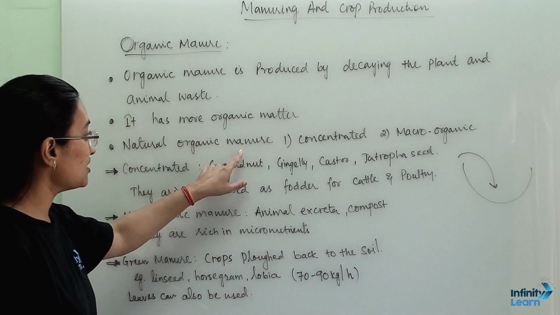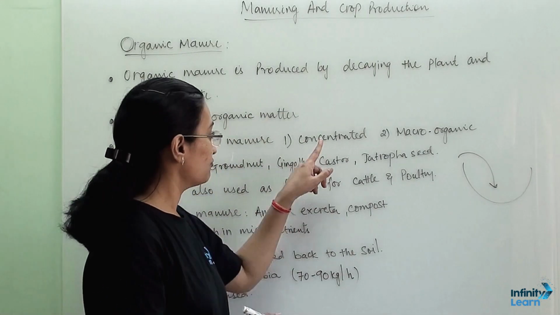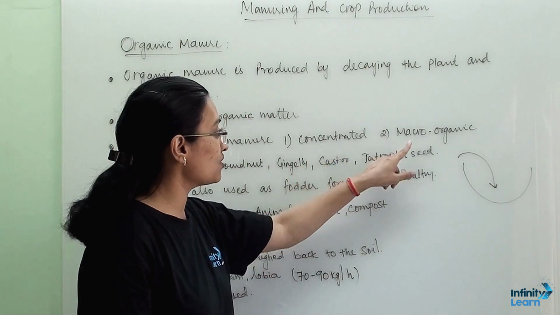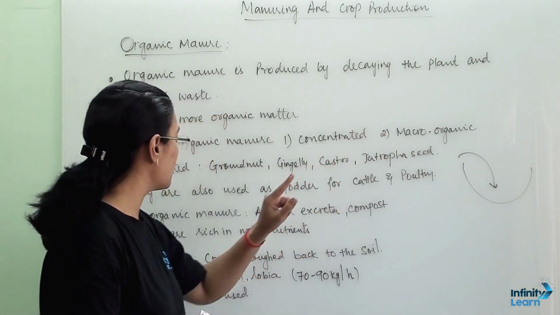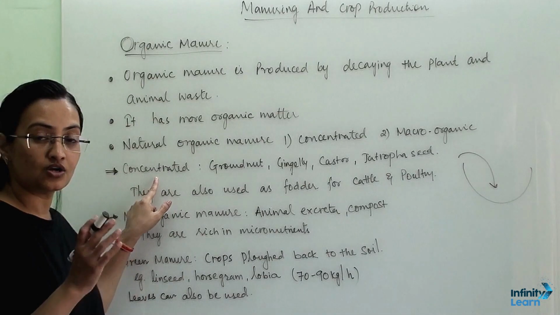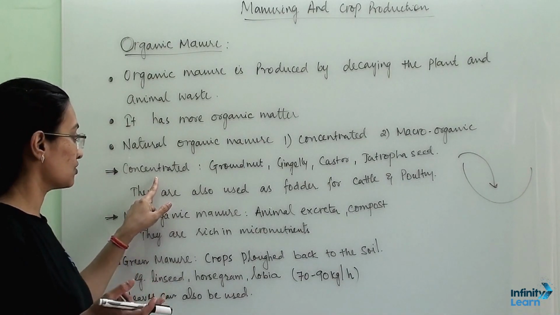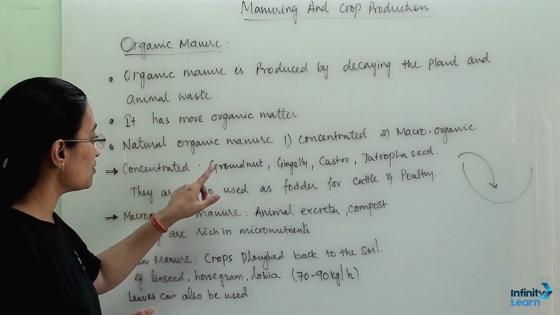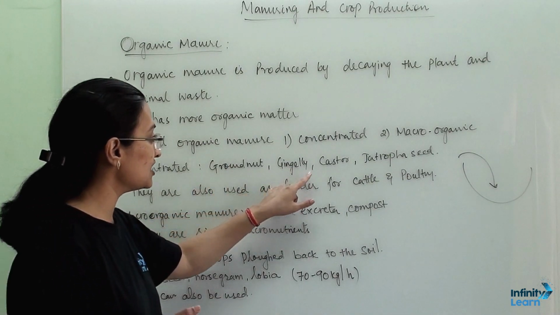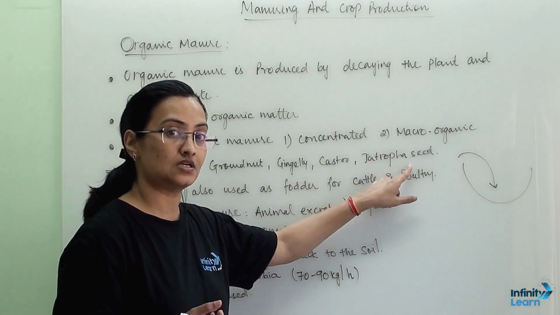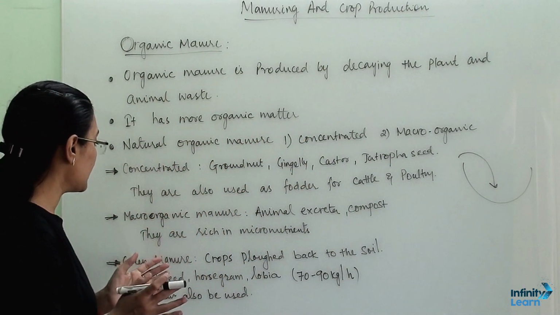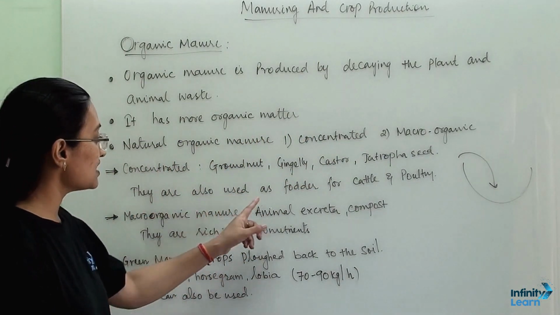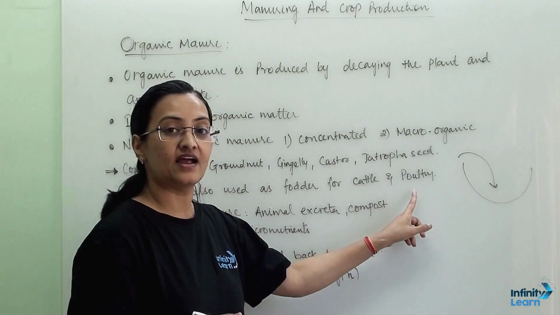Natural organic manure is of two types. First, concentrated organic manure and second, bulky organic manure. Now how are these two different from each other? First we are talking about concentrated organic manure. Examples are groundnut, jingli, castor and jatropha seed. All these things make concentrated organic manure, and they are also used as fodder for cattle and poultry.